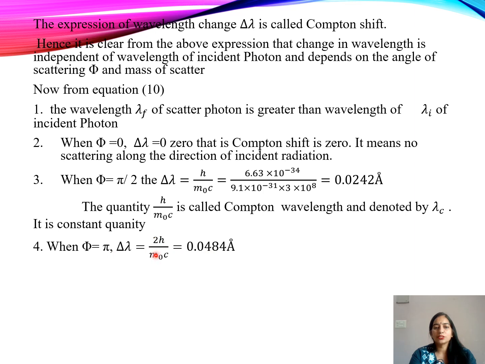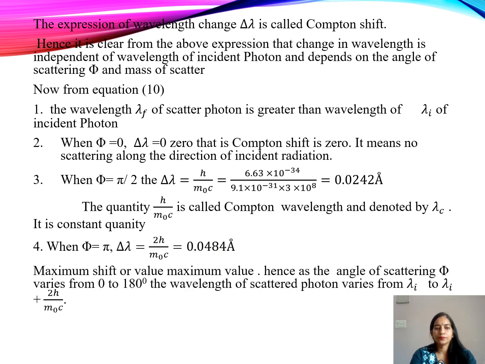So this is twice the Compton shift, since h upon m naught c we already calculated, so twice is 0.0484 angstrom. This is the maximum shift, hence as the angle of scattering phi varies from 0 to 180, the wavelength of the scattered photon varies from lambda i to lambda i plus 2h upon m naught c.